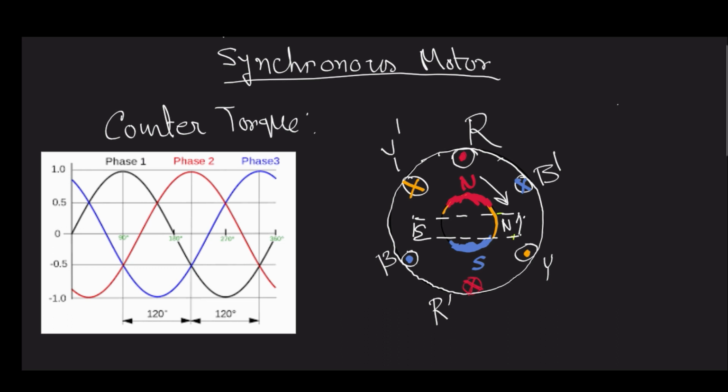Now see what is happening here. For this you are having this kind of N and S. Now let me explain the genesis of this counter torque. This one is producing our maximum field, and that is in this direction.